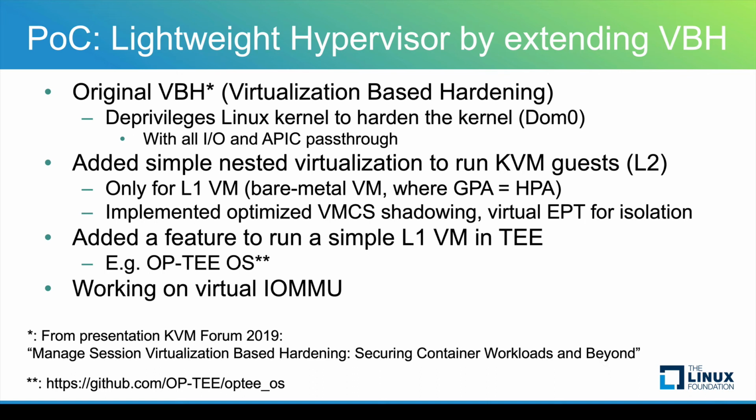We pass through all I/O and also EPIC. And in the POC from the VBH, beyond the VBH, we added simple nesting support. This only works for the L1 VMM, like a bare metal VM, where the GPA is identical to HPA.